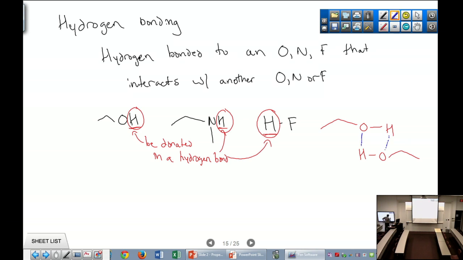Now, that hydrogen bond compared to the sigma bond between the oxygen and the hydrogen is extremely weak in comparison. But if you get enough of these bonds in the solution, or between multiple molecules, then that really starts to have a strong impact on the boiling point.